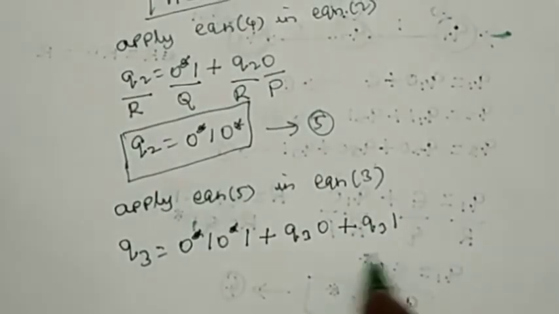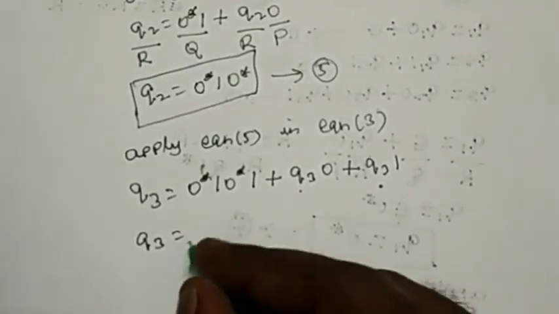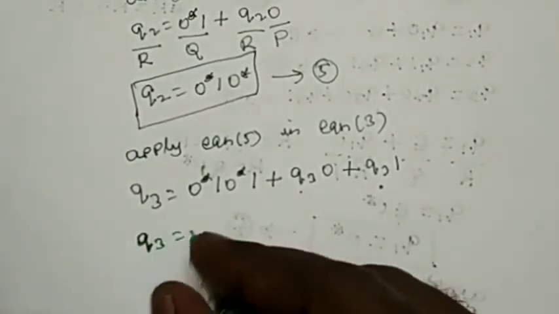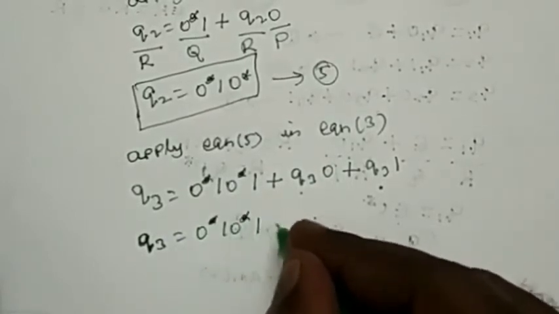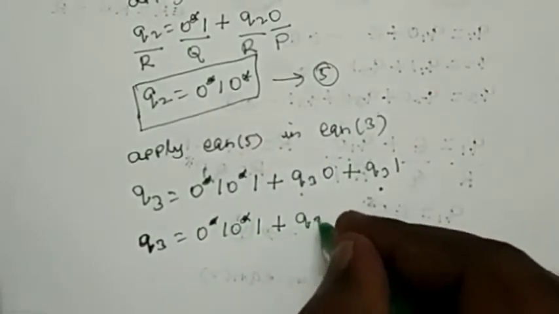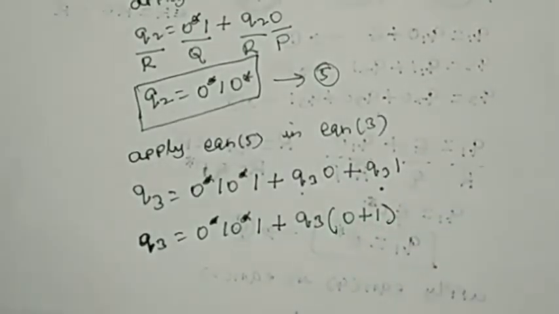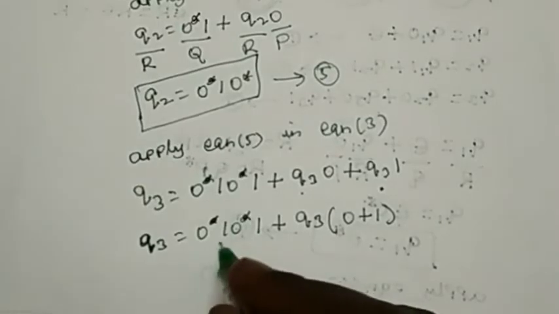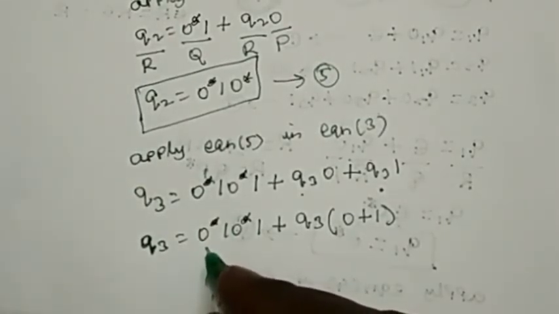Now we can simplify. You have a common term Q3 here. So Q3 equals 0 star 1 0 star 1 plus Q3 (0 plus 1). Now compare to the standard format R equals Q plus RP.